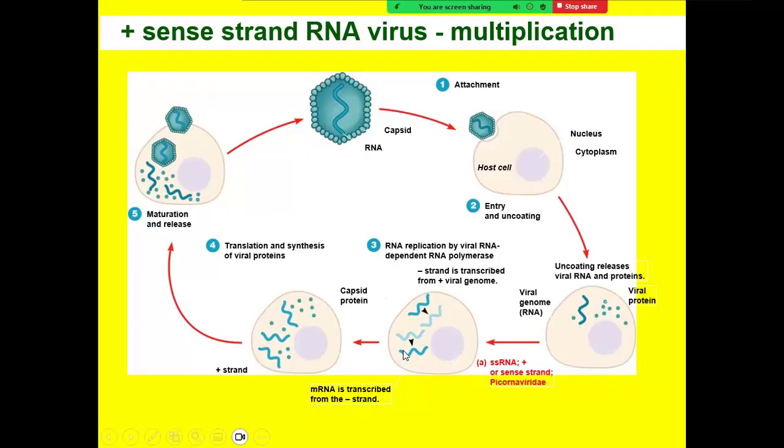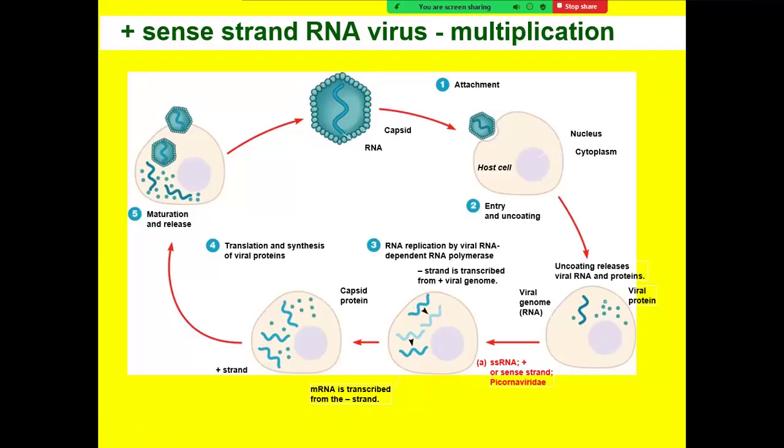And then you can use the replicated positive single-strand RNA, either this one or the first one, to make viral messenger RNA, to make the viral capsid proteins.